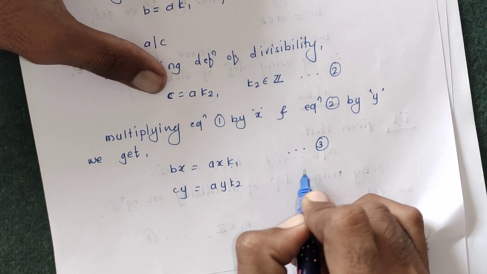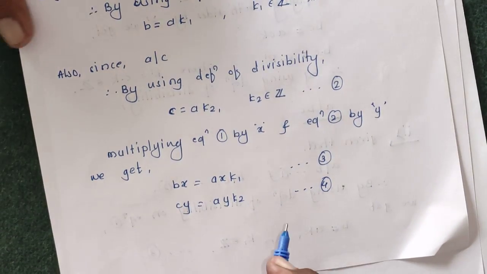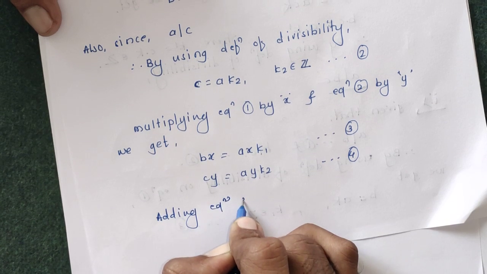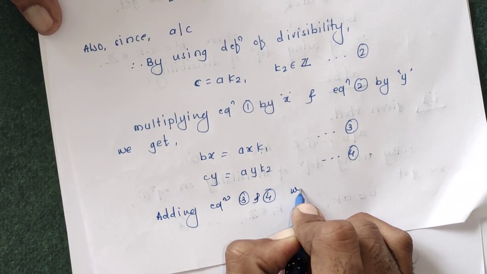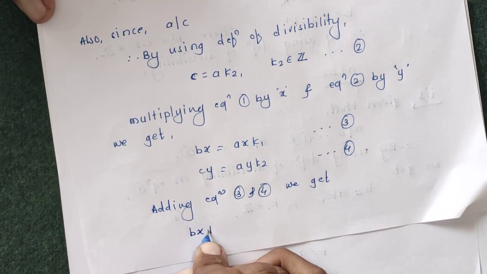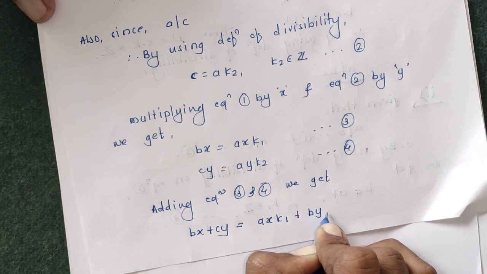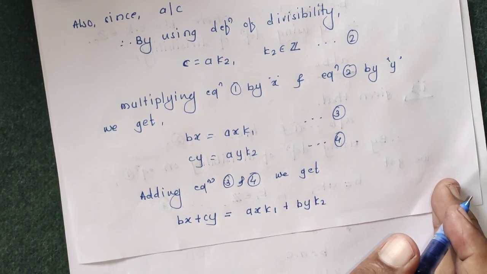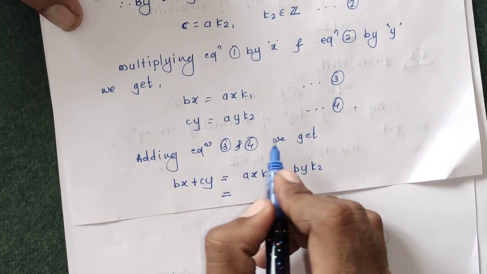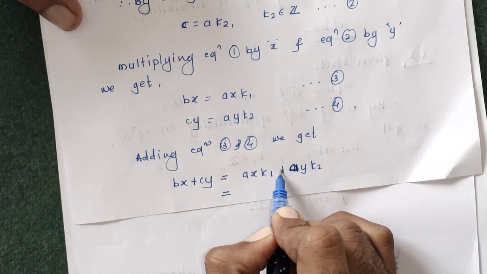Now this is equation number 3 and this is equation number 4. Adding equations 3 and 4, we get Bx plus Cy equals Ax K1 plus Ay K2.